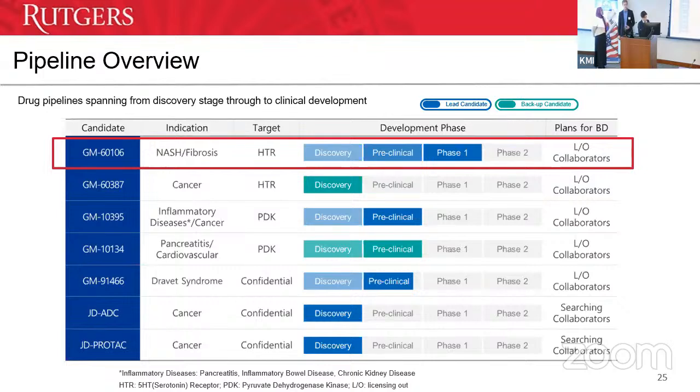It can essentially kill three birds with one stone. The first process is reducing lipogenesis, also mitigating inflammatory cytokines, and also reducing fibrogenesis, so preventing scarring of the liver tissue. So it's very unique, and that's their lead asset.